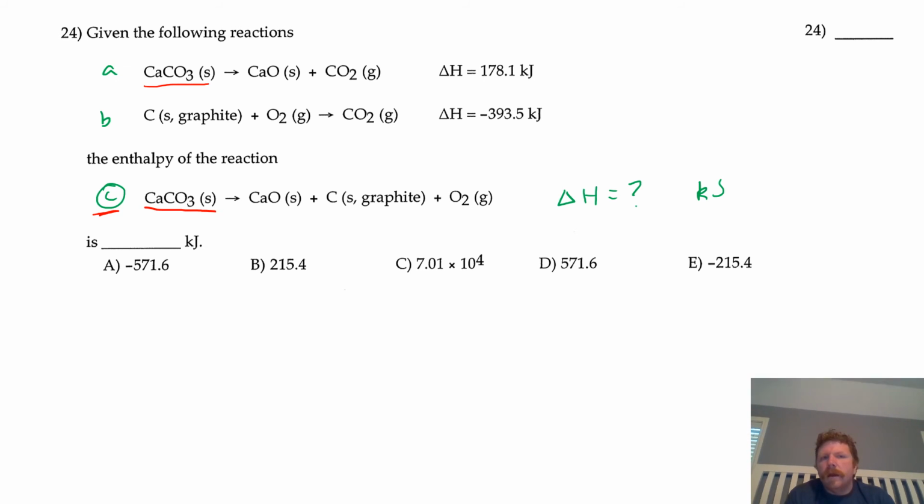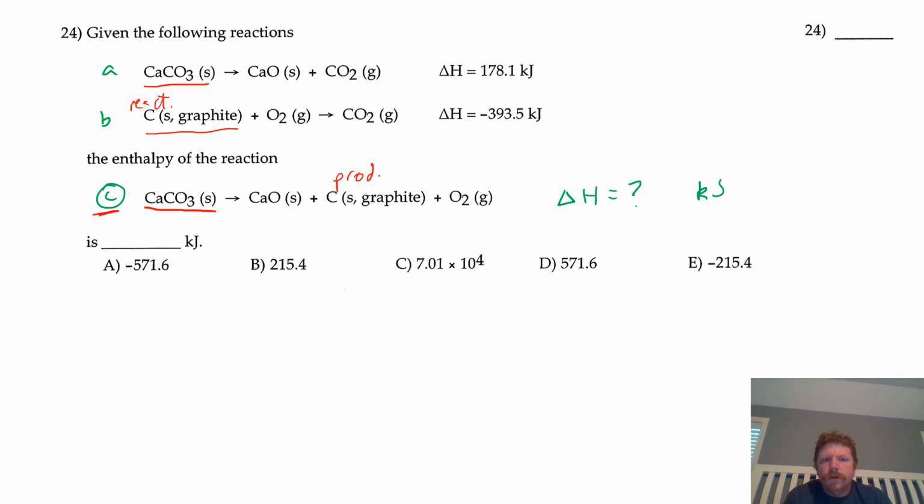So I don't want to switch reaction A. Now, on the other hand, in reaction B, carbon as a solid in graphite form is a reactant, but it's a product in my overall reaction, in my reaction C.